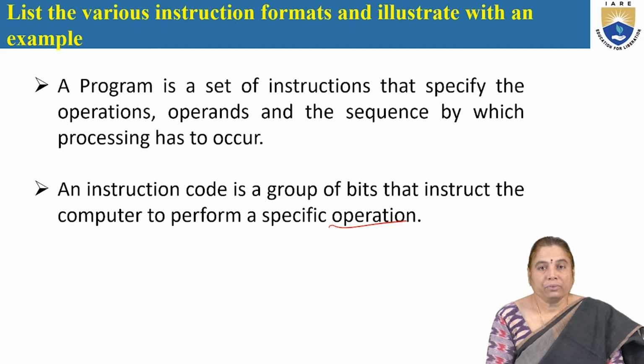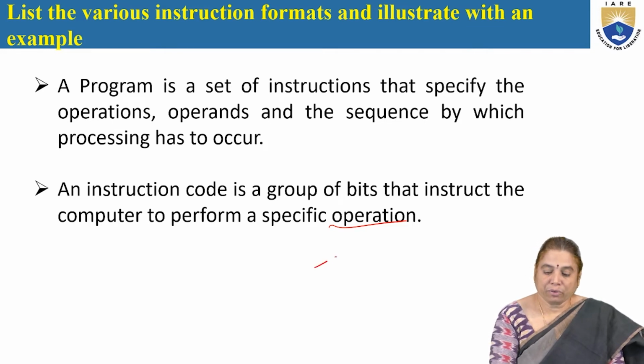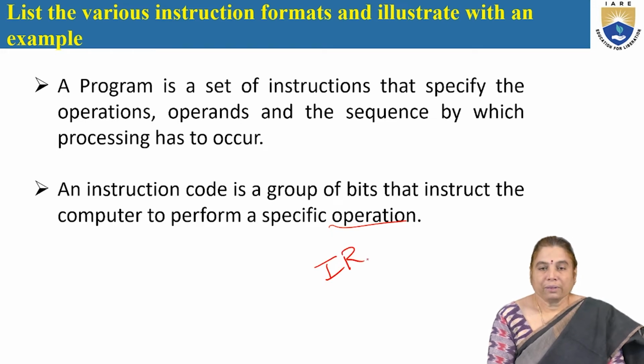For each instruction, the computer follows this instruction cycle. So, the first step of the instruction cycle is fetching the instruction. From the memory, the instruction is fetched and stored in the IR register. So, this IR register is used to specify the instruction code.